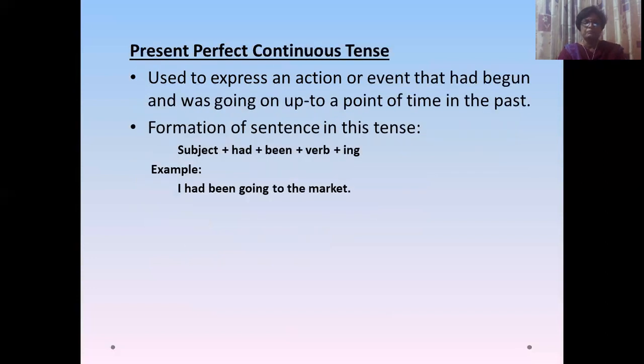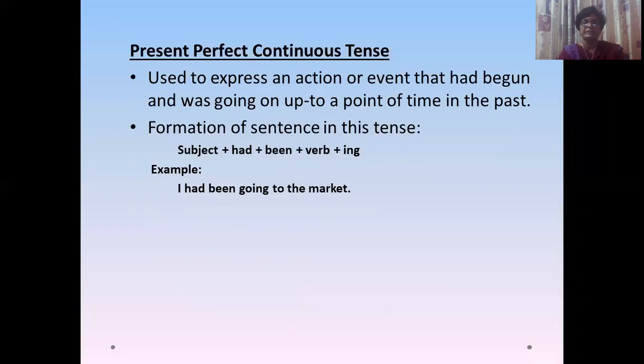Now the last type of past tense is past perfect continuous tense. This tense is used to express an action or event that had begun and was going on up to a point of time in the past. The action which had begun at a particular time was still going on up to a certain point of time.